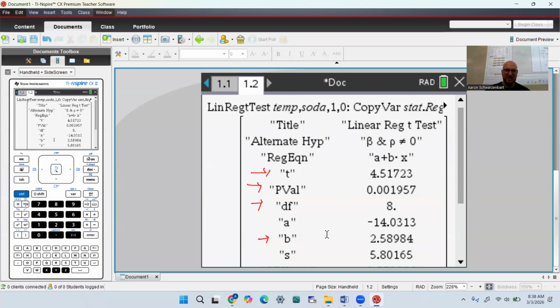So yes, t, that's what was missing from a lot of reported answers on your last test. Degrees of freedom should be there. P-value. This one, with having extra things, you should report to me b and r. Report the calculated ones.